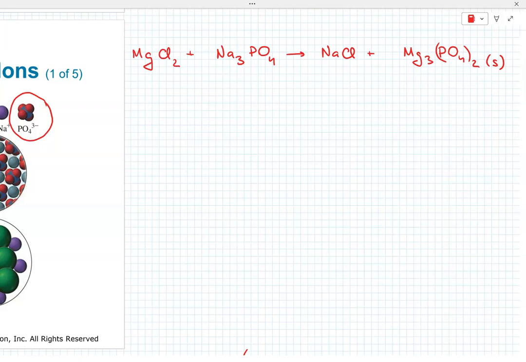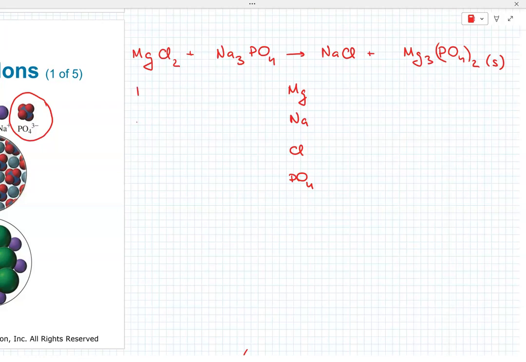How should I build this column in the center? Should I put oxygens separately? No. So what I'm going to do, I'm going to put magnesium, sodium, chloride, and PO4. How many magnesiums are on the left? 1.